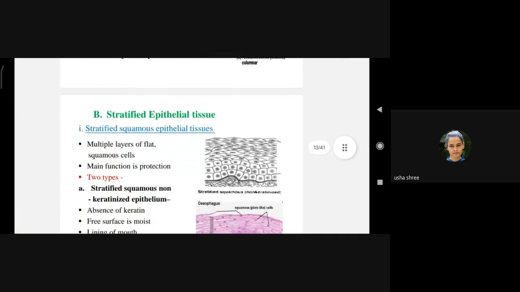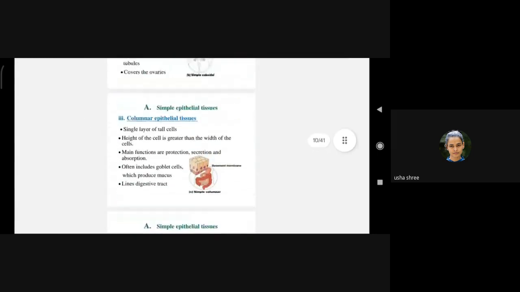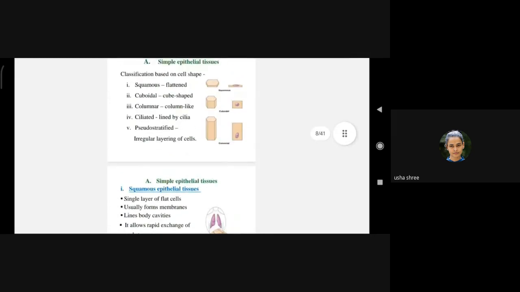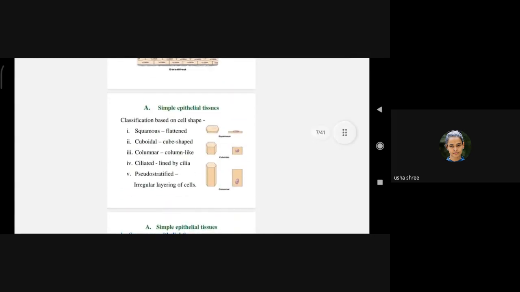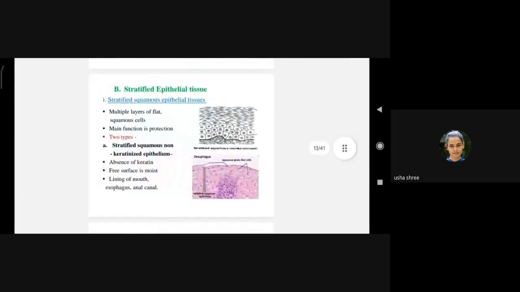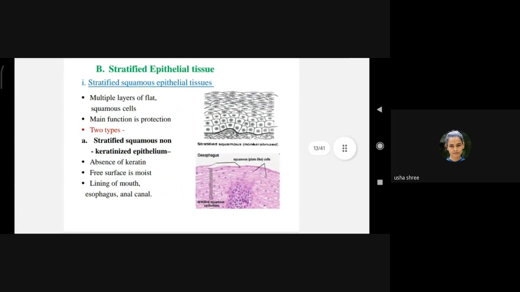Now, next one is stratified epithelial tissue. So you are getting it, simple epithelial tissue, we have completed the 5 types. Now we are going to stratified epithelial tissue, which is multi-layered.